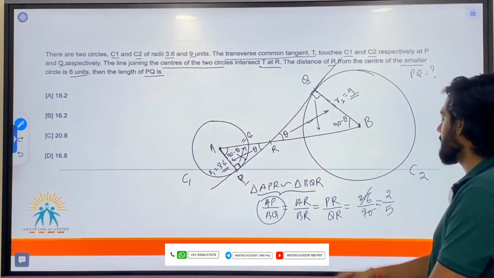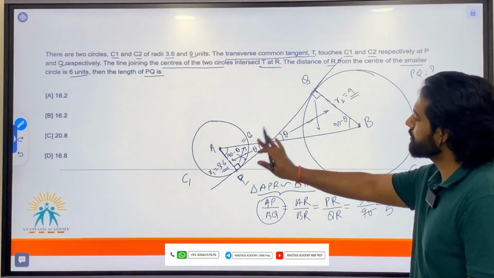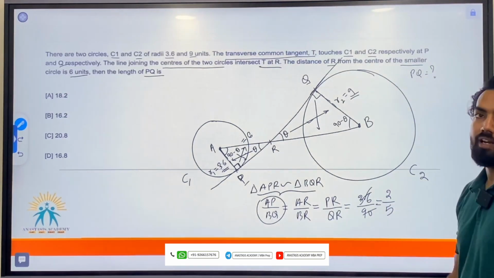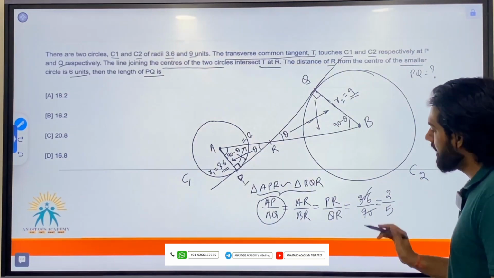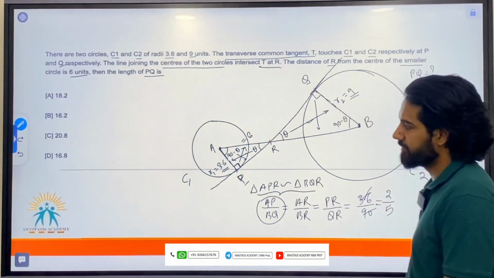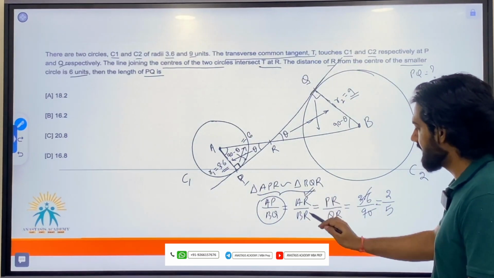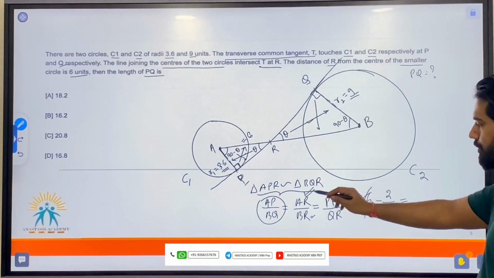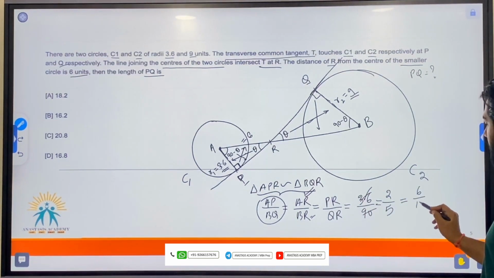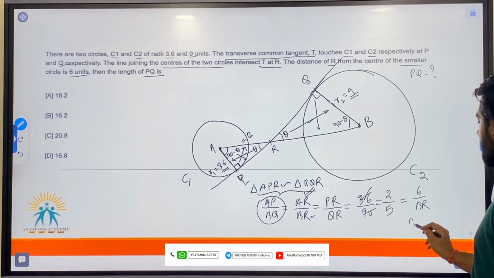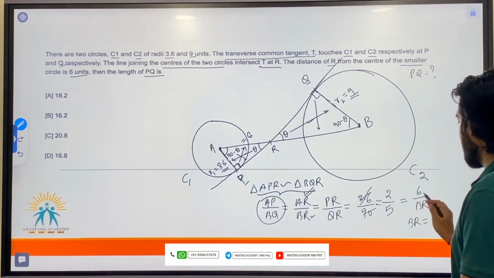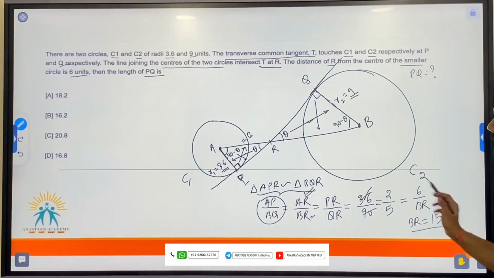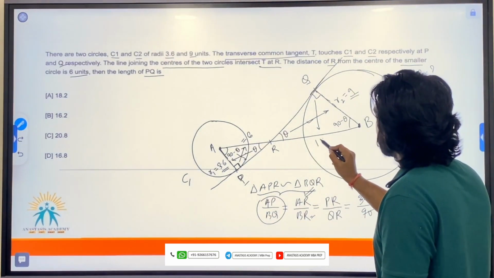So the ratio of corresponding sides of these two triangles is 2 upon 5. Now AR is given as 6. If AR is 6, I can find BR. The ratio must be equal to 2 by 5. So 6 upon BR. I can get the value of BR as how much? 15. So I get the length of BR as 15.